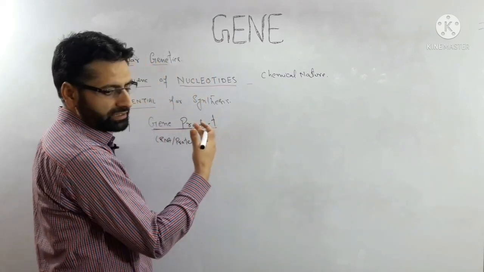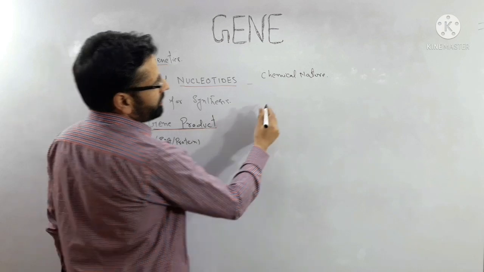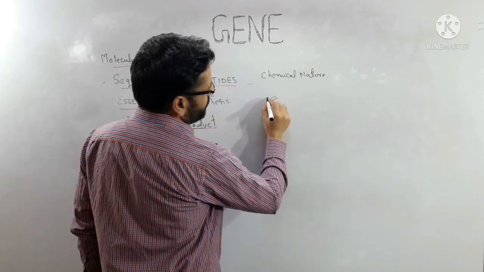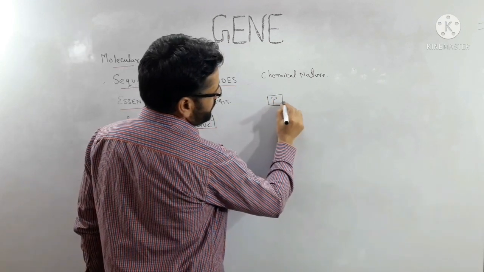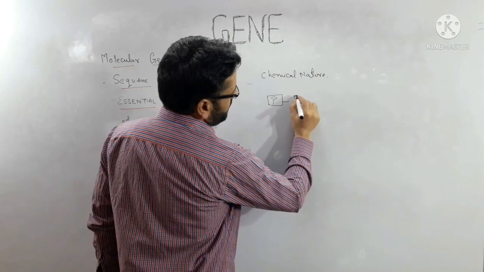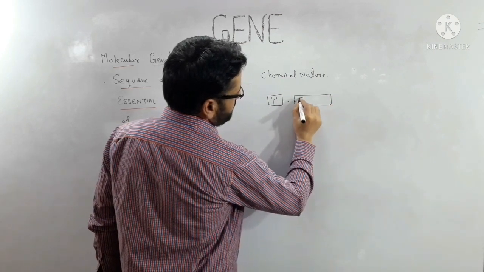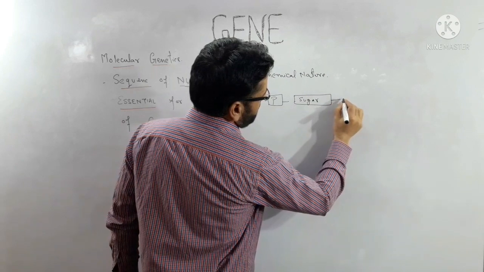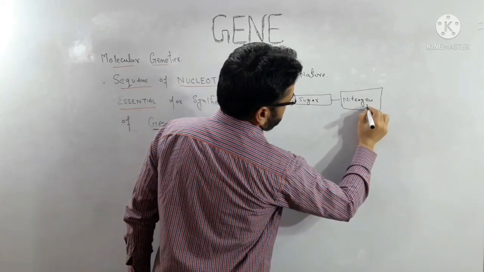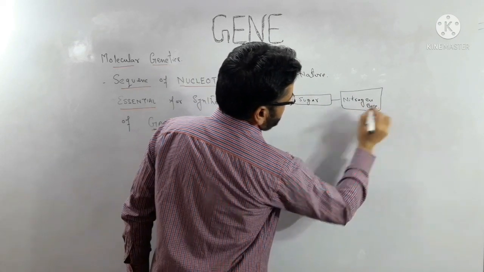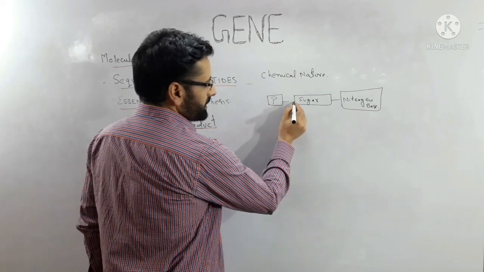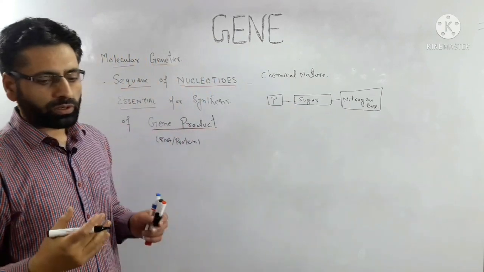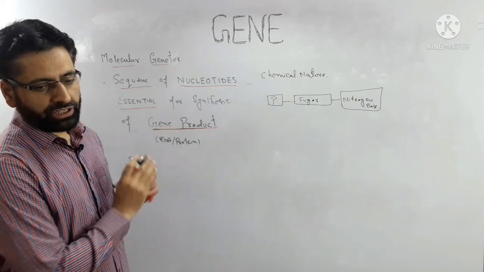As you know, a nucleotide has one phosphate group, then a sugar attached with a nitrogen base. This is the basic building block of the gene.